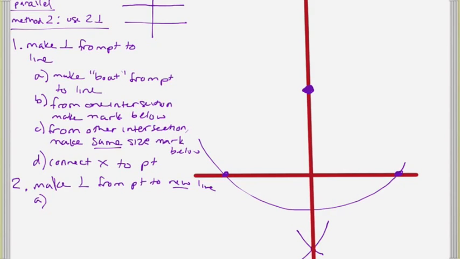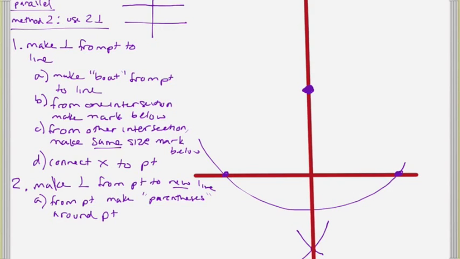And so what we're going to do then is from the point, we're going to make what I called the parentheses, around the point. So around our point, you're going to open up your compass to some setting, doesn't matter how wide.